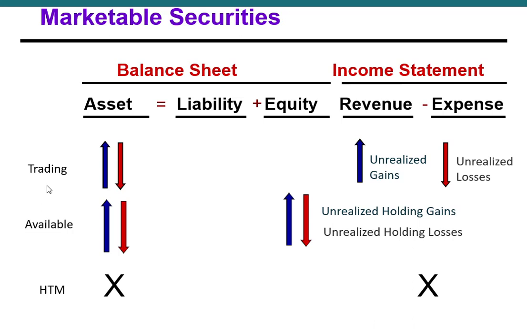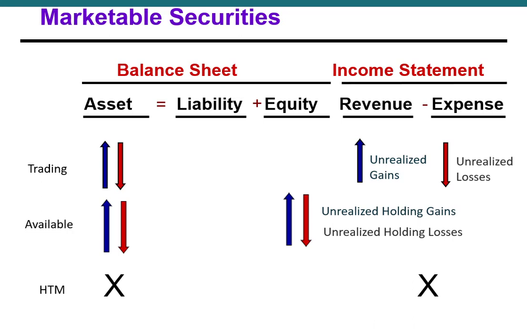And so let's recap. Again, trading securities. These are primarily held by financial institutions, but businesses whose business is to try to profit off of changes, short-term swings in the prices of assets. Well, if that is indeed their business and part of their current operations, then we probably should flow those items through our income statement.